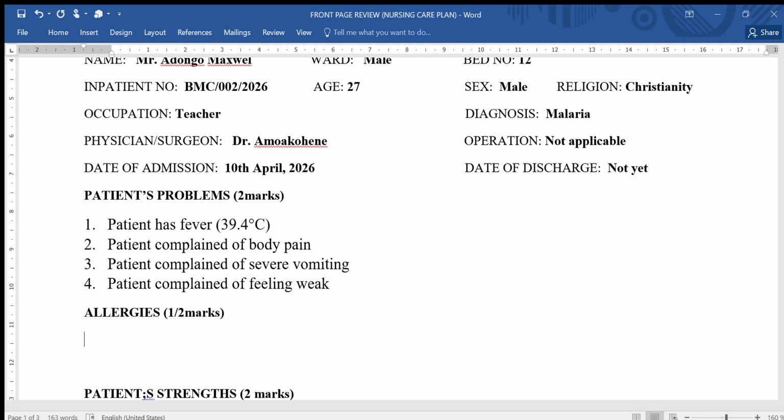But when you find in the patient folder and you speak to the patient could not tell you anything, simply put here, or you can state that patient has no known what? Allergy. So let's type it there, that patient has no known allergies.